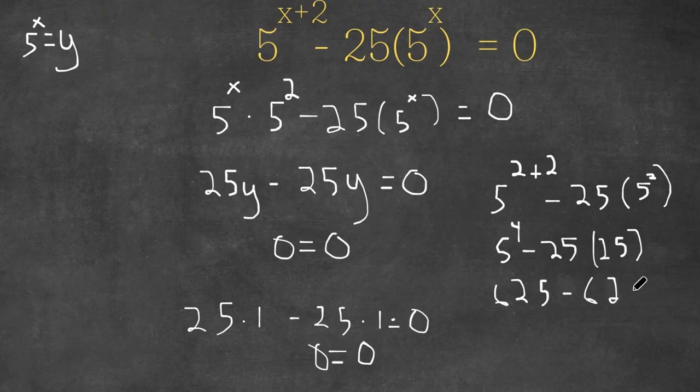And as you can see, 625 minus 625 equals 0. So x has an infinite amount of solutions.